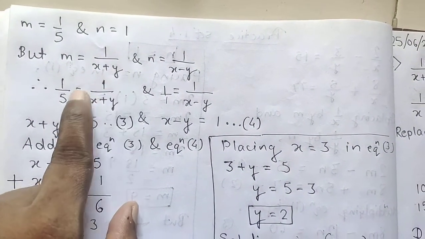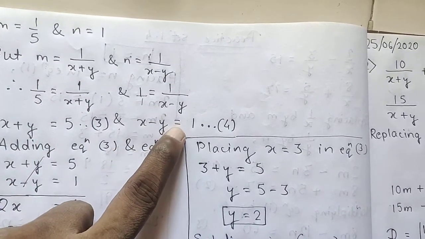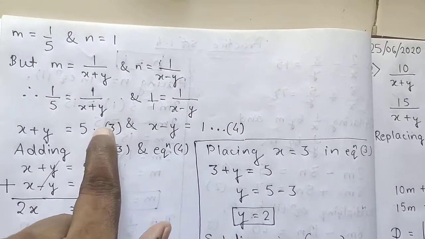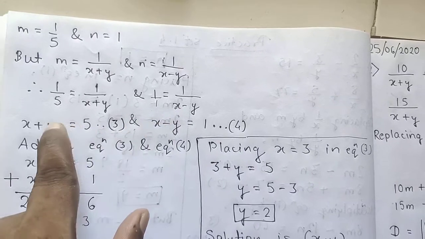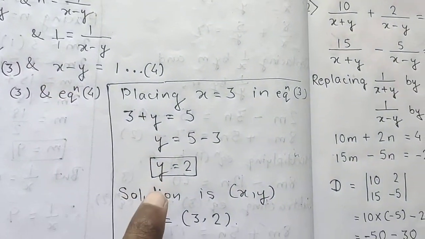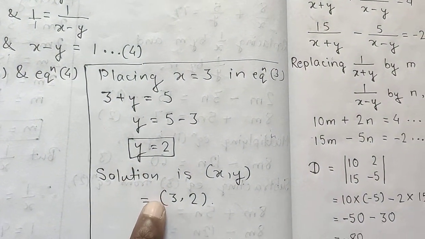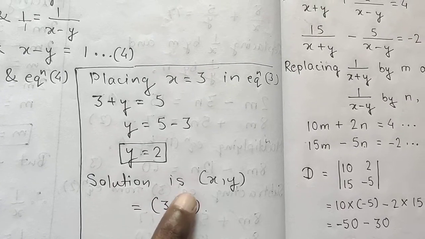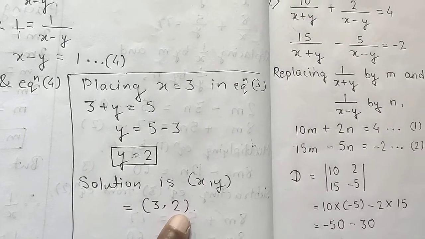After cross multiplication we got two new equations, that is 3 and 4. After solving 3 and 4 we got the value of x and value of y, and then we wrote the final answer, that is solution is x comma y, 3 comma 2.